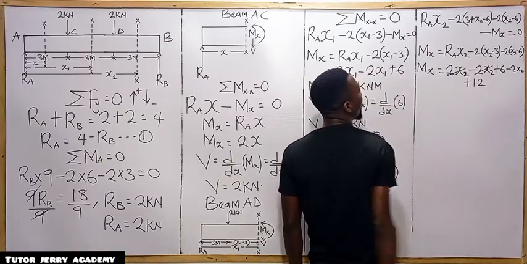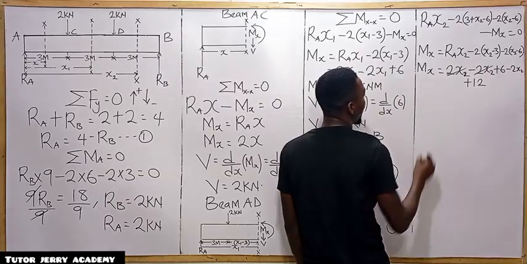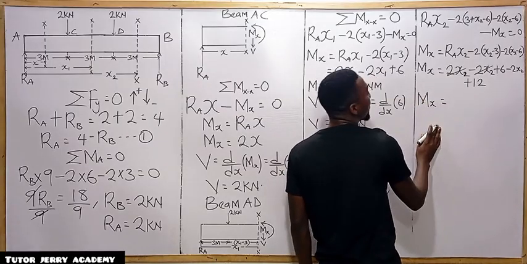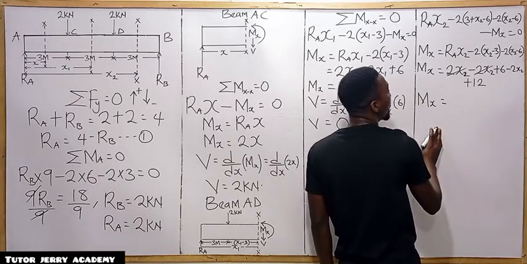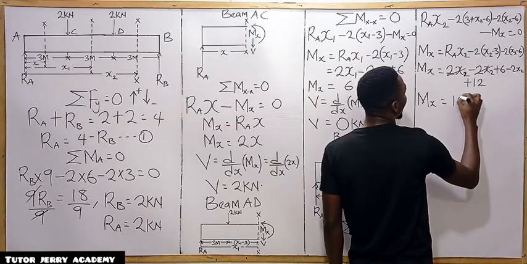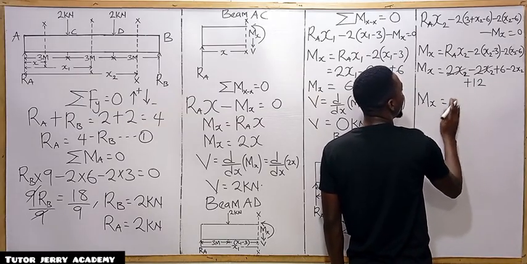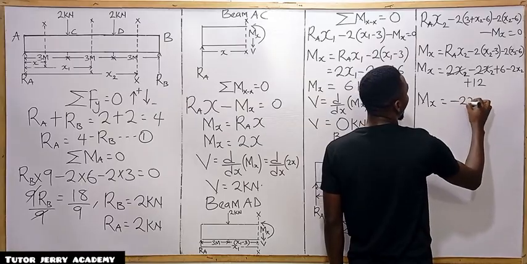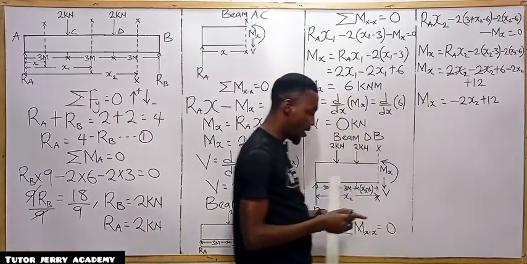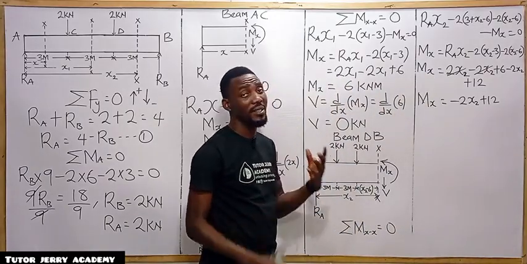Then 6 plus this is going to give us 18. So we are going to have M subscript S, that is the moment along that section, to be 12, or let's say minus 2S2 plus 12. All right, so that will be the equation of the moment along that section.